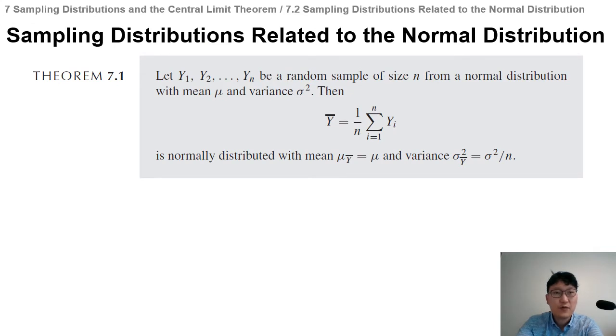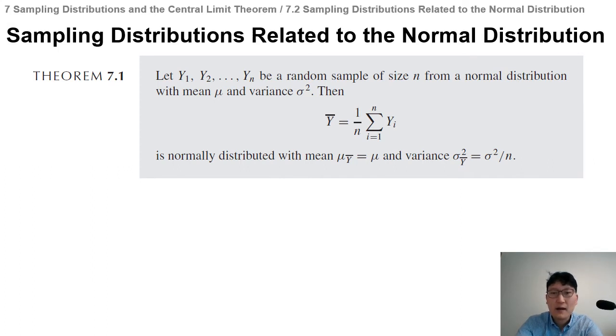Let's move on to Theorem 7.1, which is related to sampling distributions related to the normal distribution. Let y1, y2, ..., yn be a random sample of size n from a normal distribution with mean mu and variance sigma square.